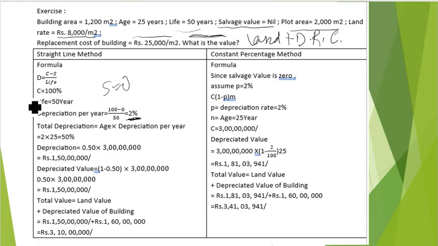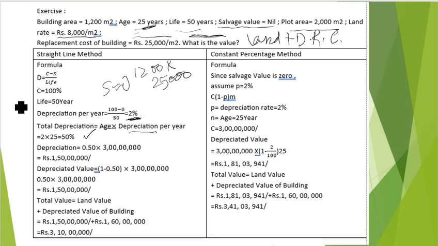Life is 50 years, but age is 25 years. So total depreciation will be age into depreciation per year, 2 into 25, which is 50%. So depreciation is 50% of what? 50% of the value of the building. Value of the building will be 1200 is the area, and rate is 25,000.